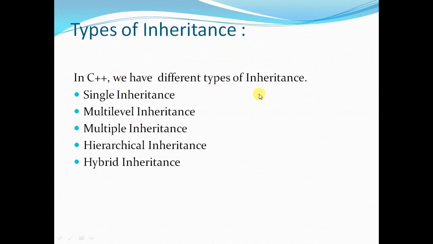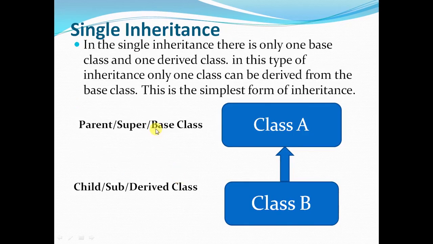We have different types of inheritance: single inheritance, multi-level inheritance, multiple inheritance, hierarchical inheritance, and hybrid inheritance. Now we discuss single inheritance. In single inheritance, there is only one base class and one derived class. In this type of inheritance, only one class can be derived from the base class.